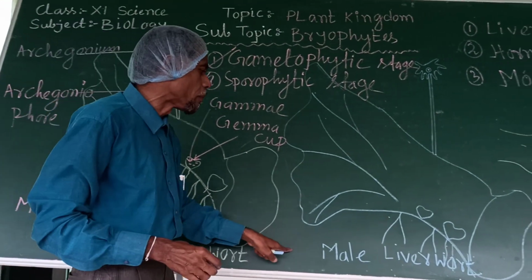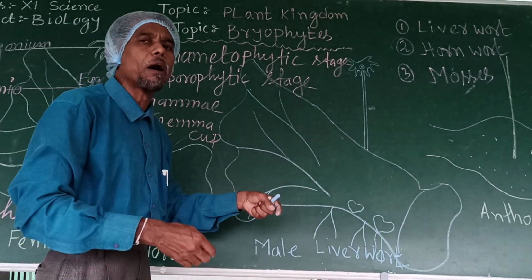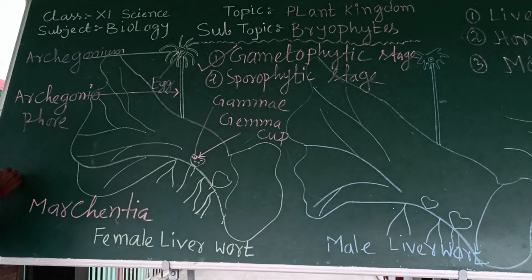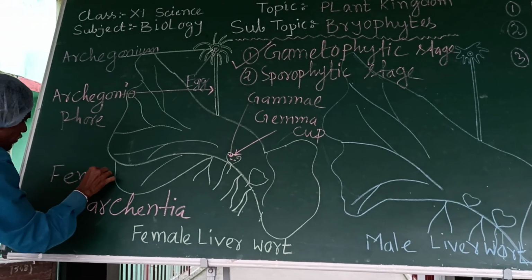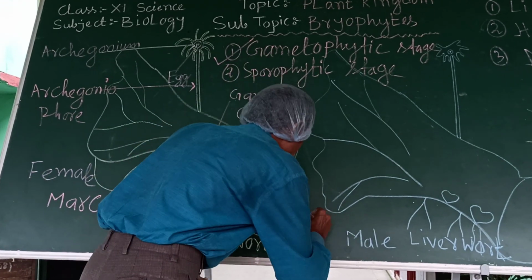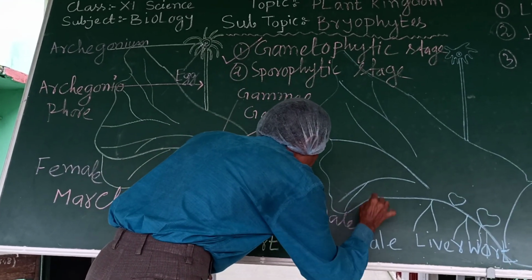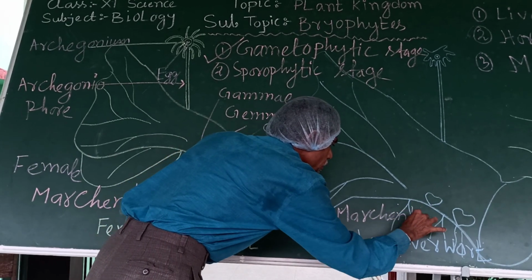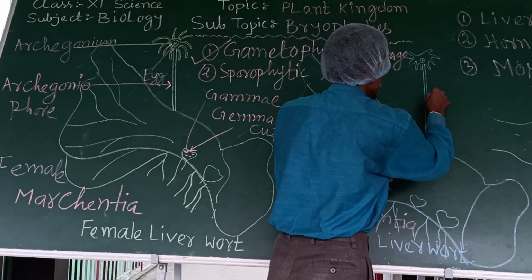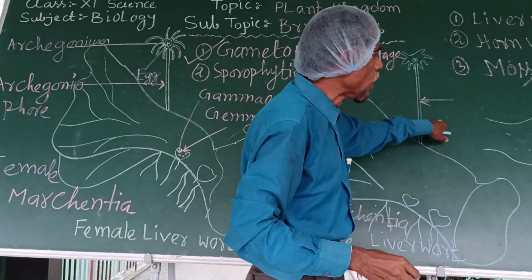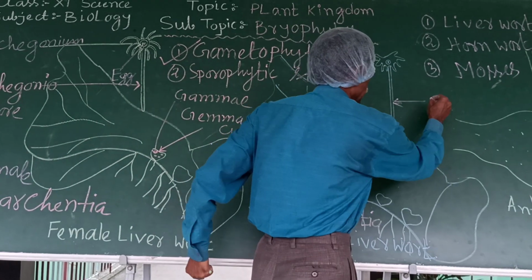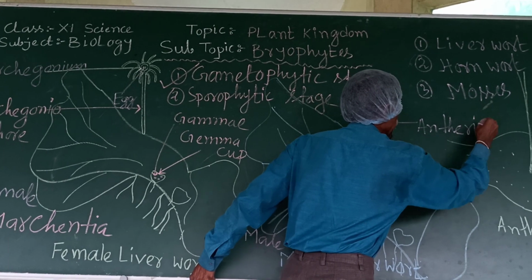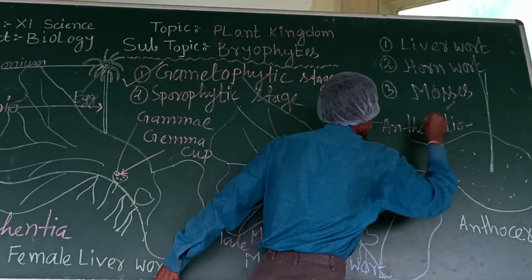On the other hand, in the case of male liverwort, for example Marchantia, in this diagram I have drawn, this is the female Marchantia and this is the male Marchantia, which bears the antheridiophore.